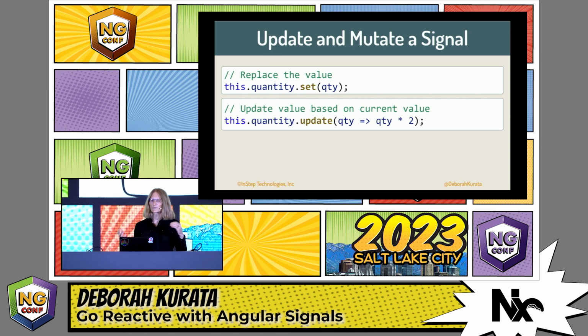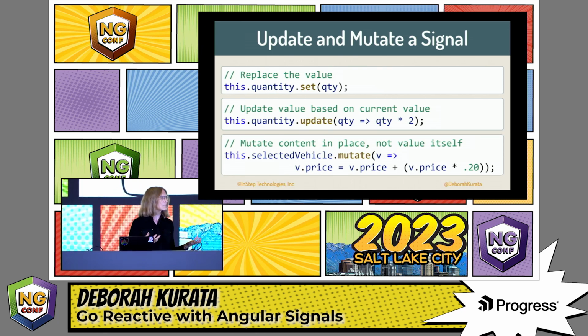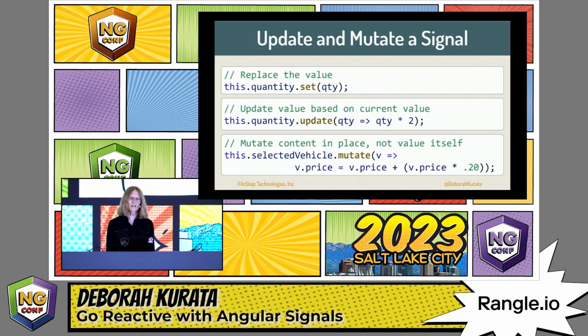So we can times 2, 2 for the price of 1 or whatever. We can also use mutate, which will mutate the item in place. So this is for modifying properties of an object that's in a signal or elements of an array that's in a signal. So we can use the mutate for that. So those are the 3 ways to modify a signal.